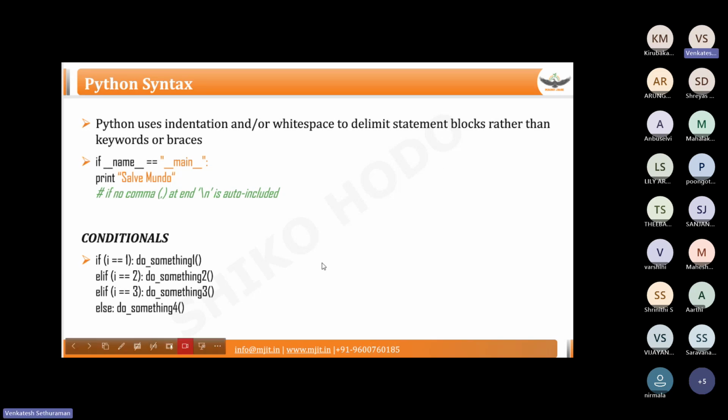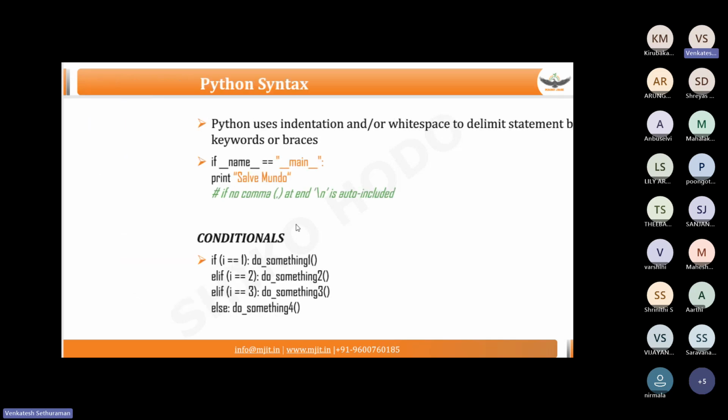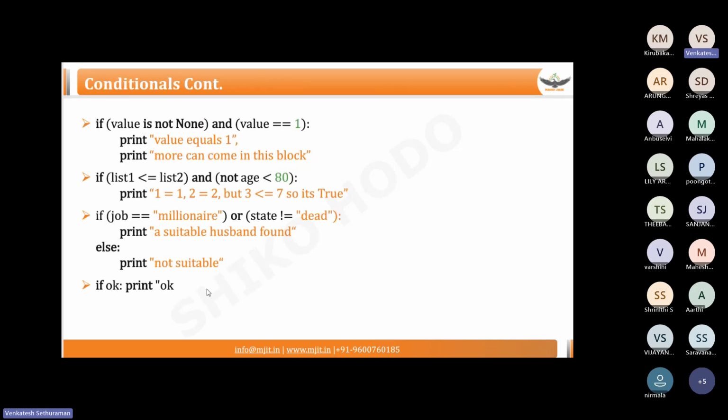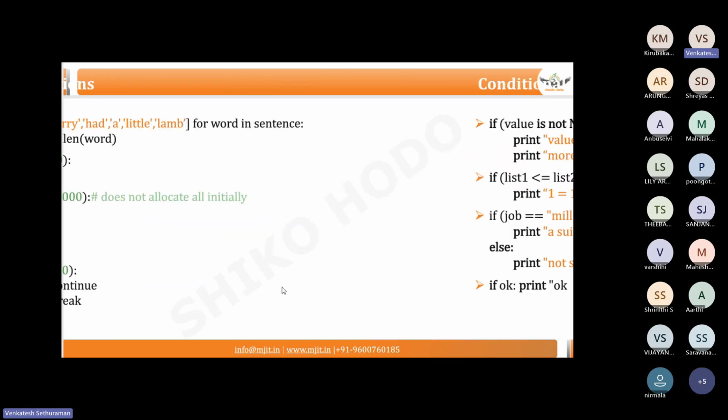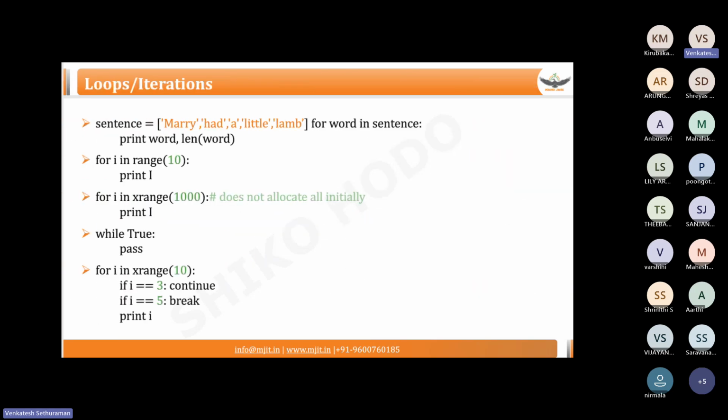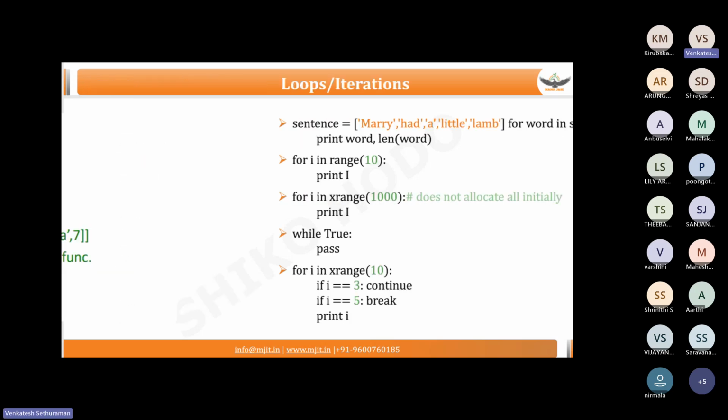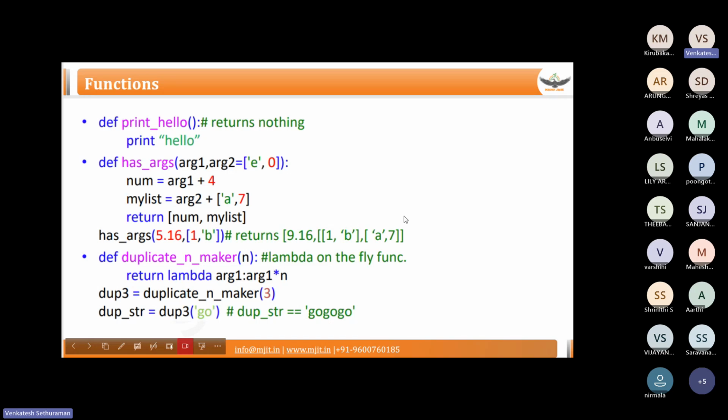These are all basic syntax, like the if condition. Then if conditions are there, for loops are there, nested ifs are there, while loops are there. So all the normal things in a language, we have that.